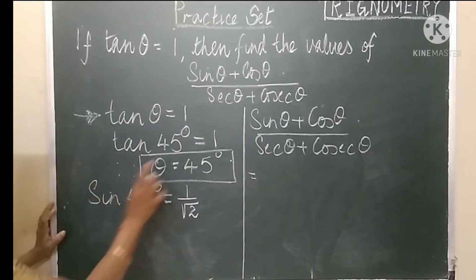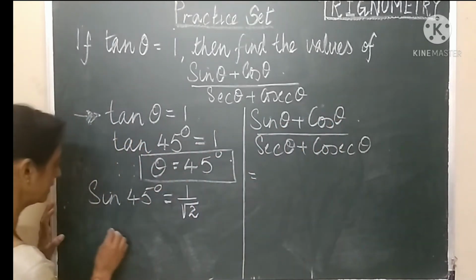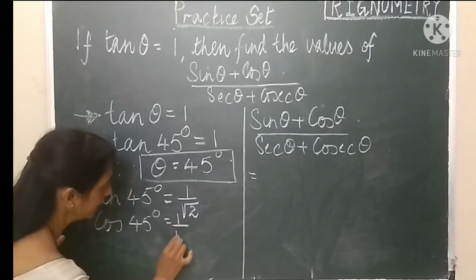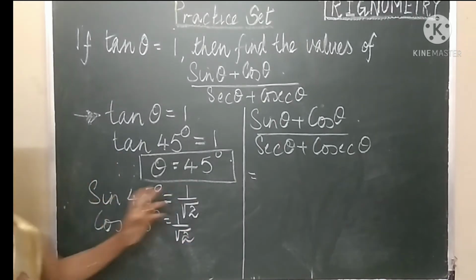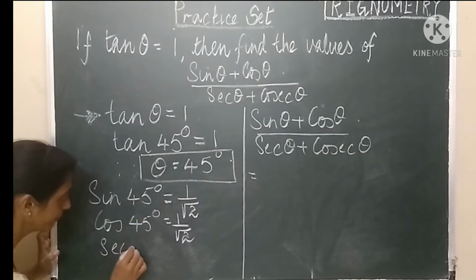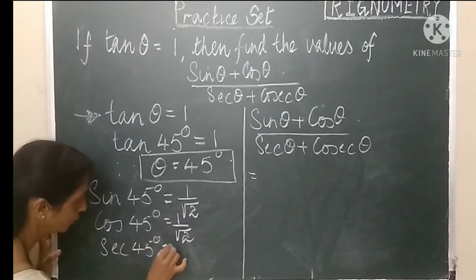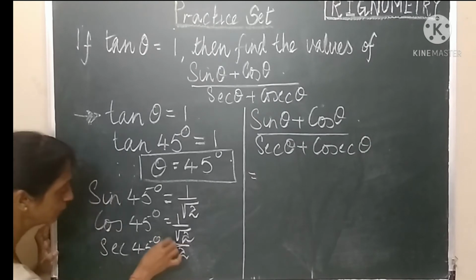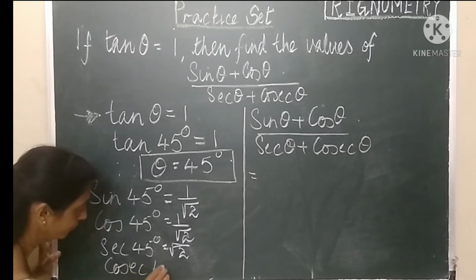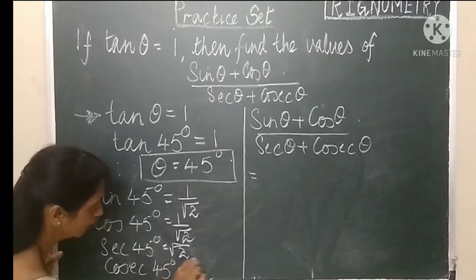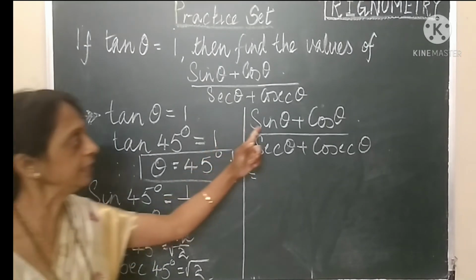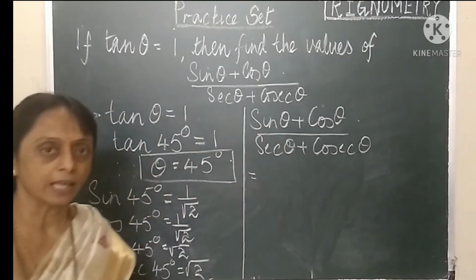Next, we require cos theta, that is cos of 45 degrees, which is again 1 upon root 2. The remaining two values, sec 45 is root 2 and cosec 45 is again root 2. So we know the values of each and every term in the given expression.